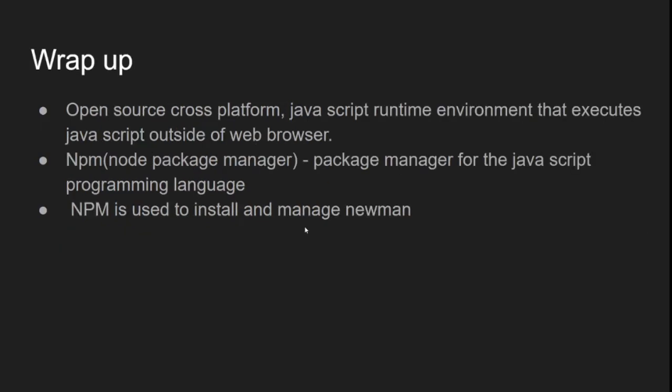So just to wrap it up, Node.js is an open source JavaScript runtime environment, and it's used by some very big corporate users like GoDaddy and Groupon. And npm is used to manage open source projects, publish open source projects, and manage the command line like we do with Newman. We used npm to install and manage Newman.